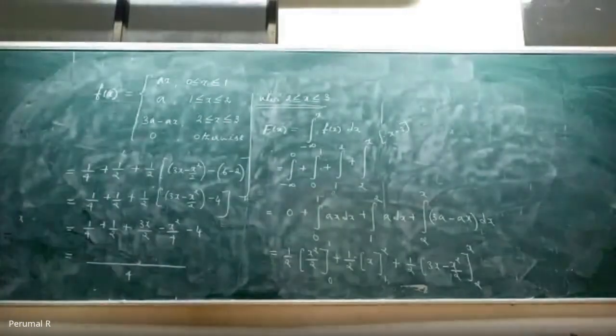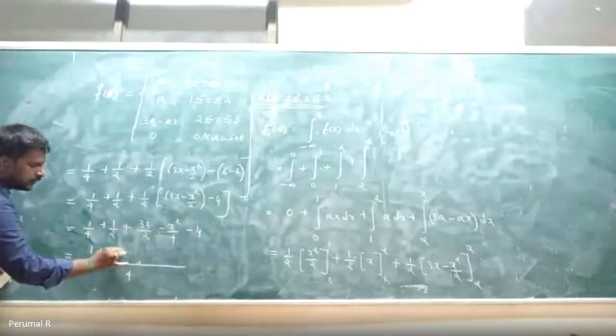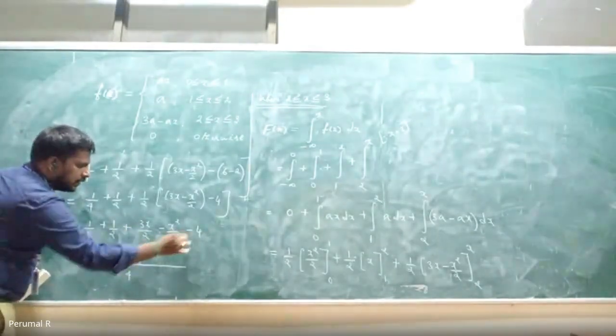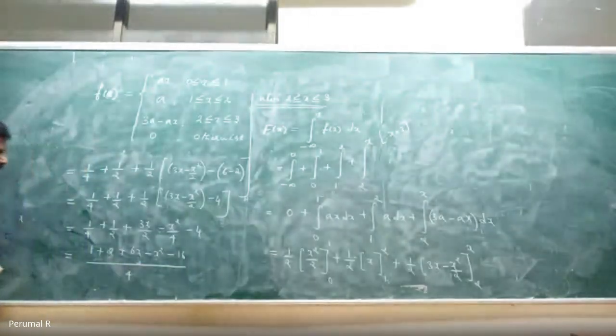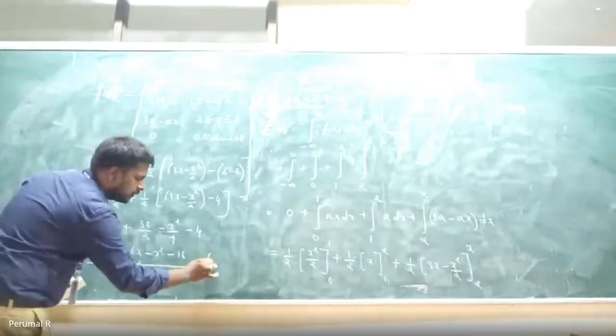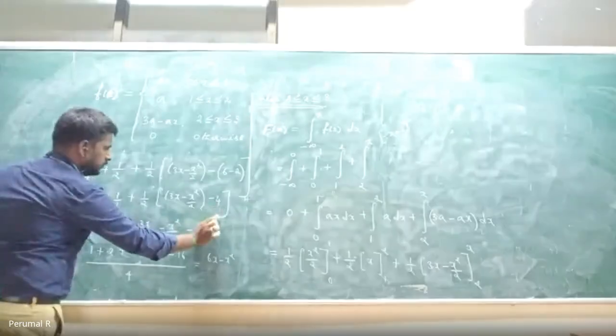Now you are taking common LCM 4. You are getting 1, here you are getting 2. So here 6x, here minus x square, here 16. Now you can simplify that one. Sir, minus 2, sir, not minus 4. No, sir, below. 1 by 2.